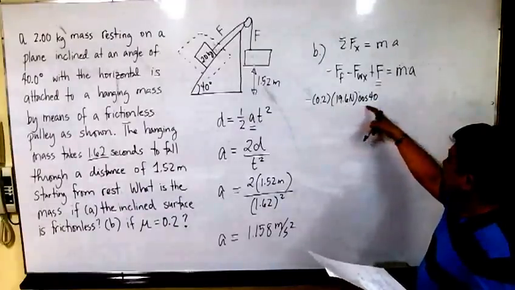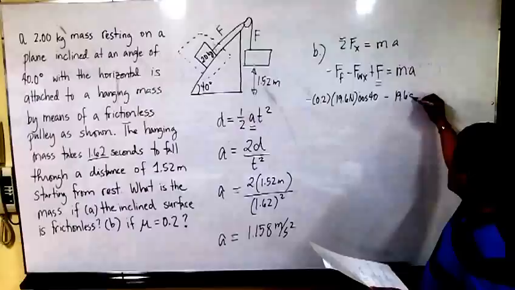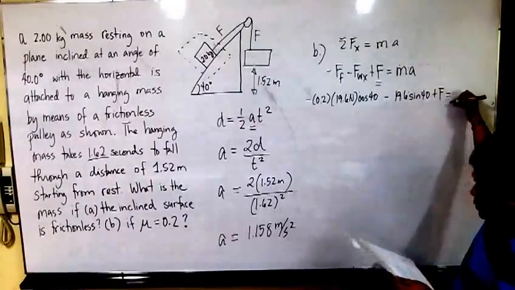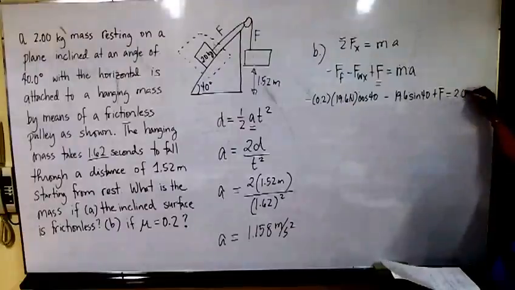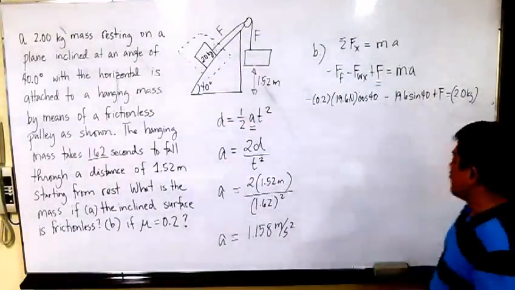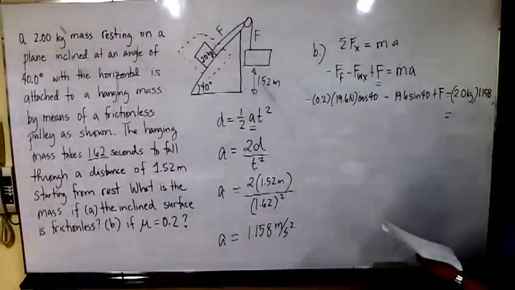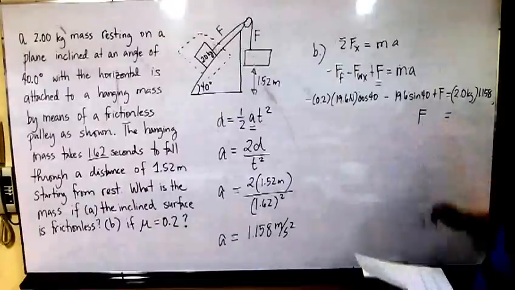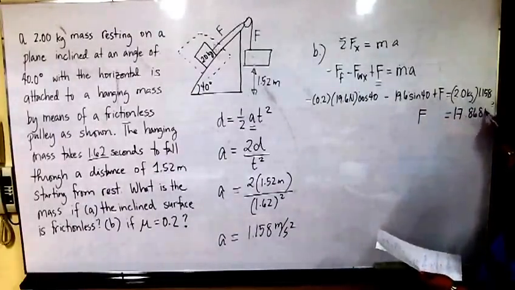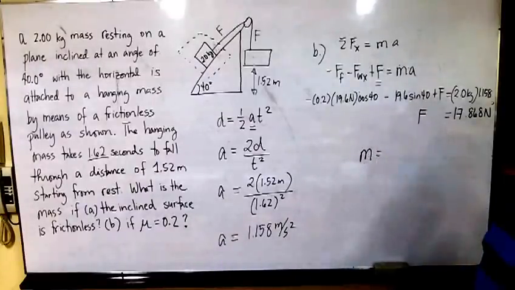Remember, this is the normal force, minus 19.6 newtons sine 40 plus F is equal to 2.0 kilograms multiplied by the acceleration 1.158. Okay. Solving, we get F, which is equal to 17.868 newtons.